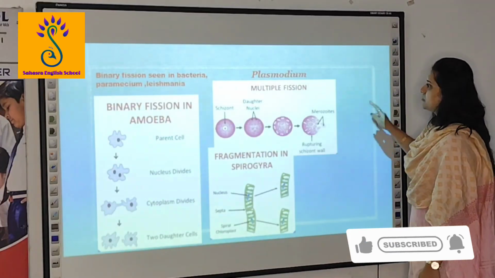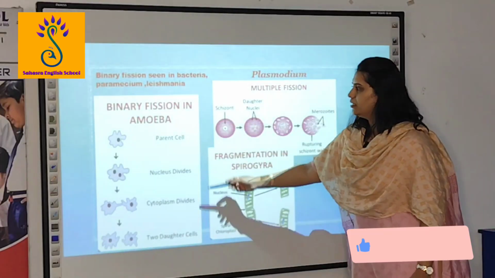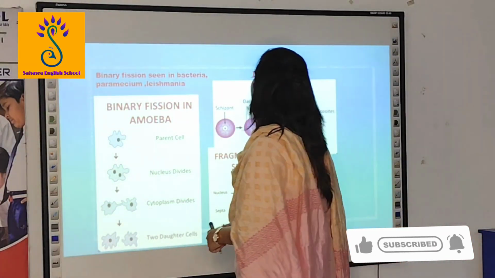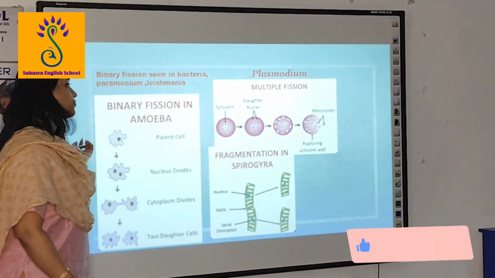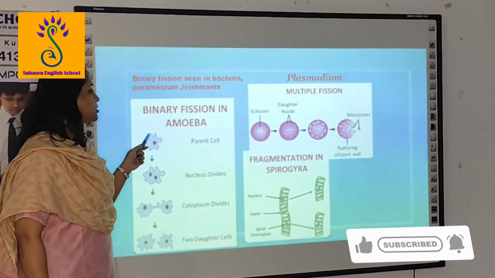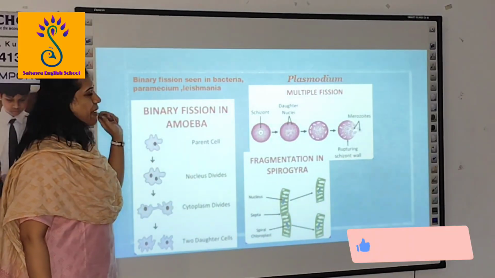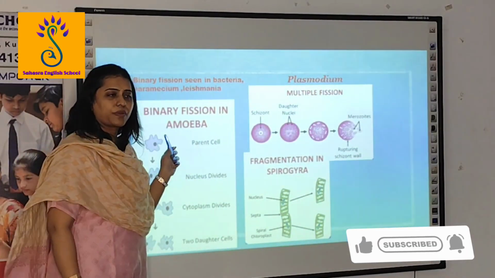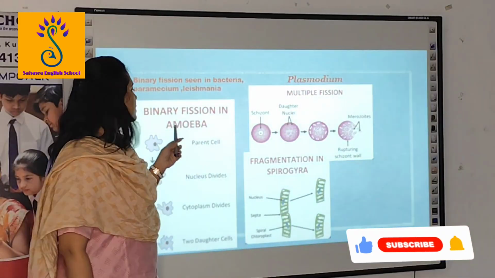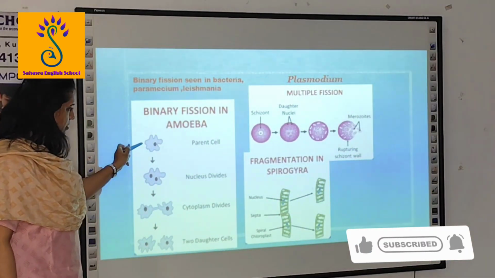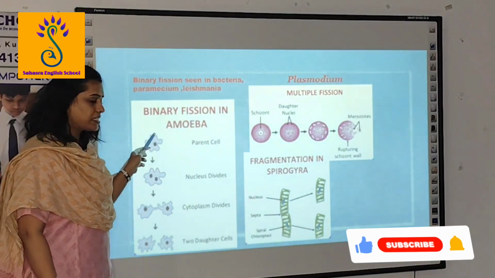Okay. Now, binary fission, look at the figure. Binary fission in amoeba. Questions can be asked on which organisms show binary fission. It is in paramecium, it is in leishmania. Leishmania is an organism which causes Kala-Azar disease, and in amoeba. Look at the parent cell, it is a unicellular organism.